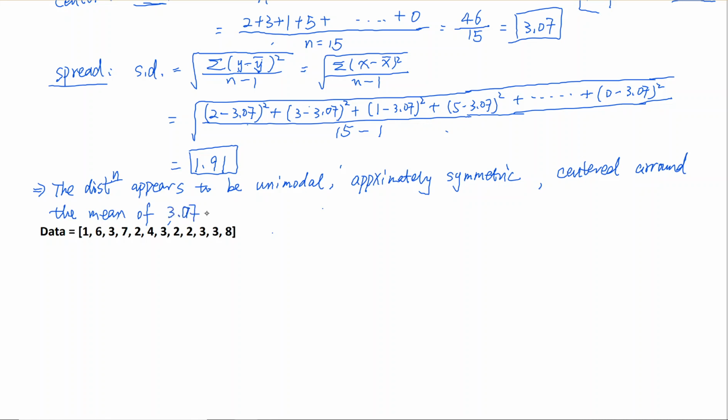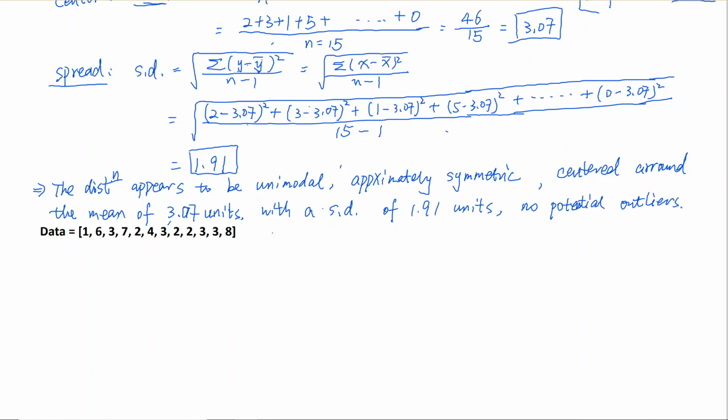Since we don't have the unit, let's say 3.07 units, and with a standard deviation of 1.91 units. No potential outliers.